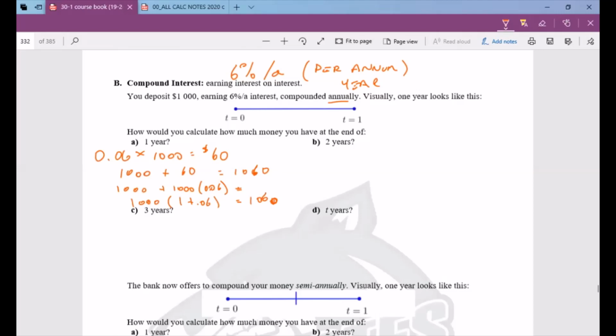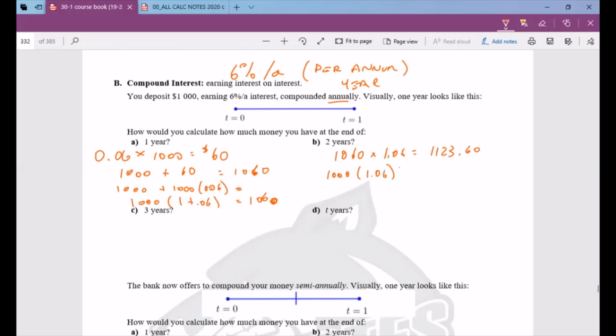After 2 years, what do you have? Well, you have 1,060 at the beginning of the year. You multiply that by 1.06 and get 1123.60. But where did that 1,060 come from? It came from the previous year. We took 1,000 times 1.06.